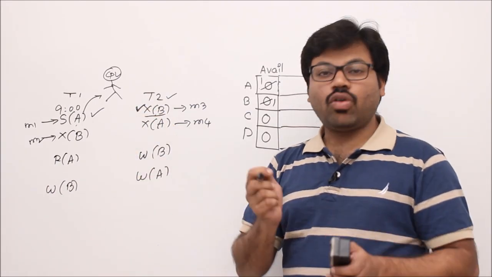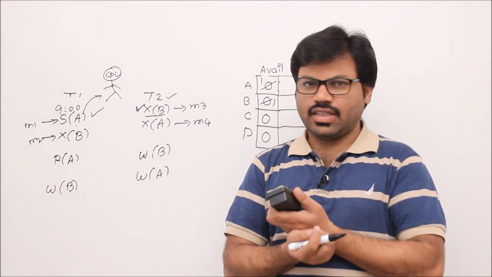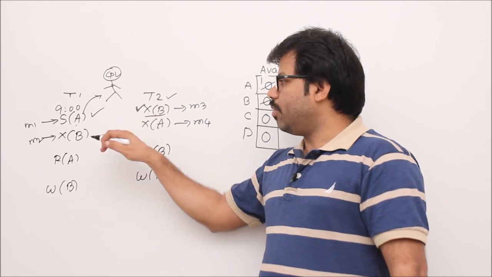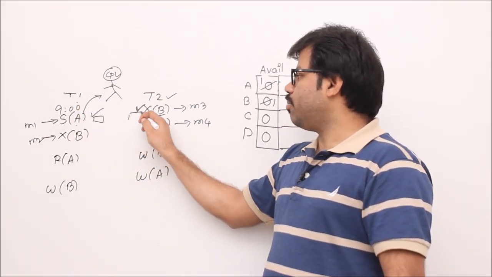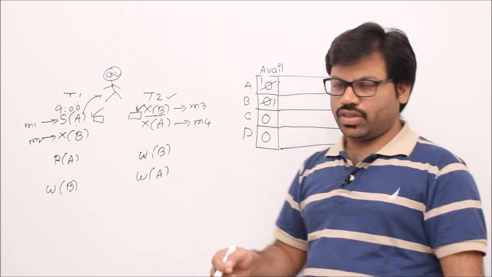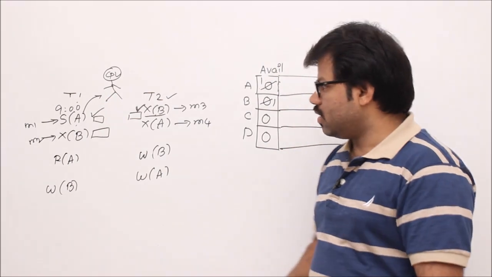Now assume that it is round robin scheduling. So in a computer, if round robin scheduling is executed, then for some period of time transaction T1 will be executed and for some period of time transaction T2 will be executed. Then again imagine that T1 gets its turn.